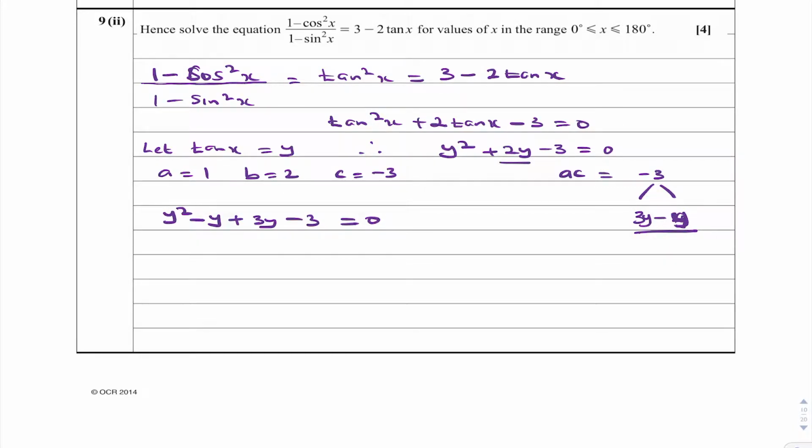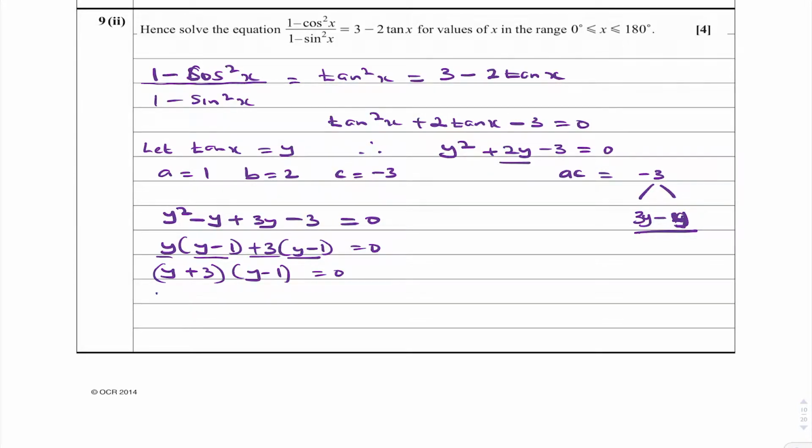Common factors: y minus 1 plus 3, y minus 1 equal to 0. y minus 1 is common, so it is a factor. What's left? y plus 3. We need to set these two to 0.